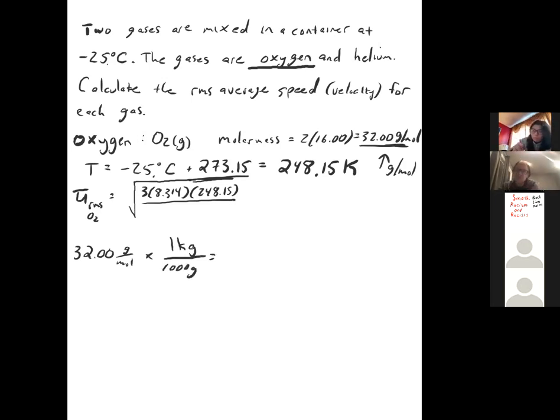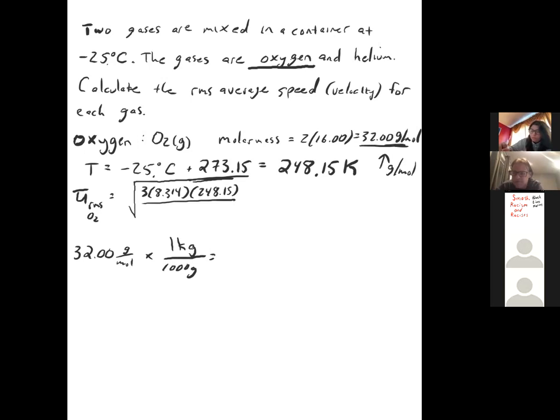The reason we're doing this conversion has to do with the units of that equation. The joule is kilograms meters squared per second squared. So it has kilograms in it, not grams. So for that reason, we have to have the molar mass in kilograms, or we would have to convert R into grams.